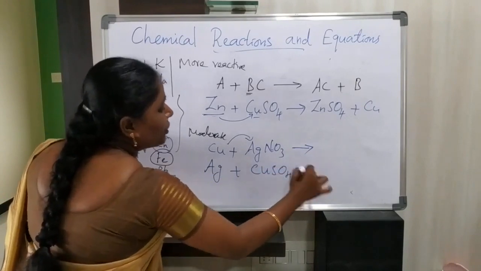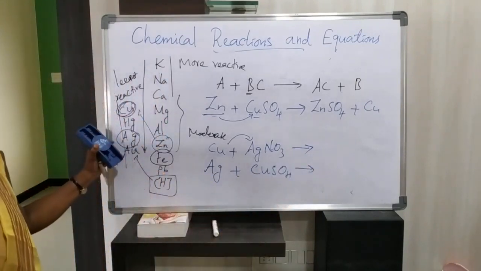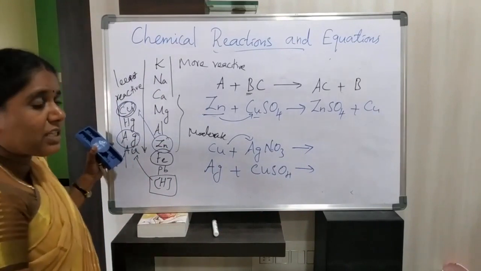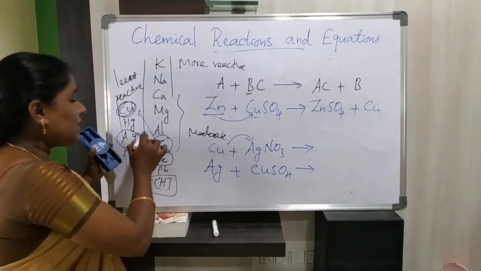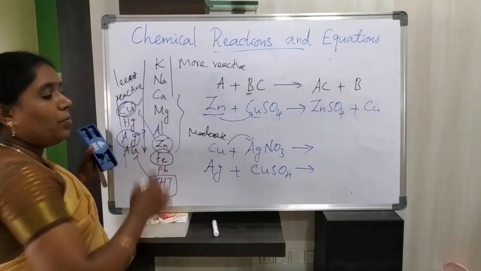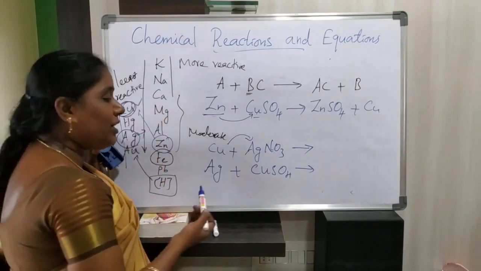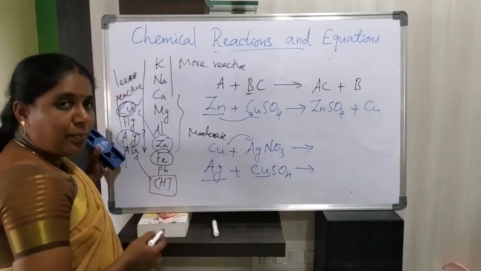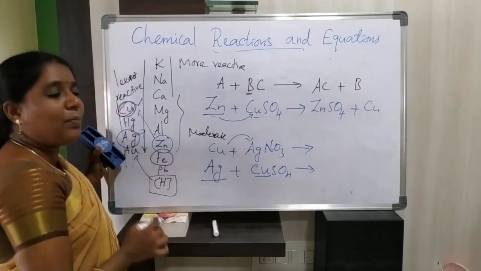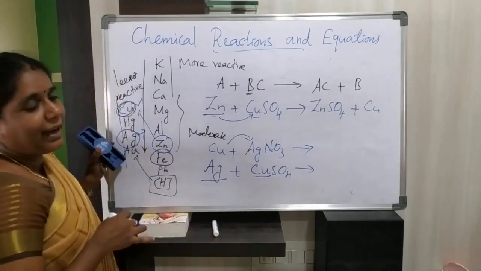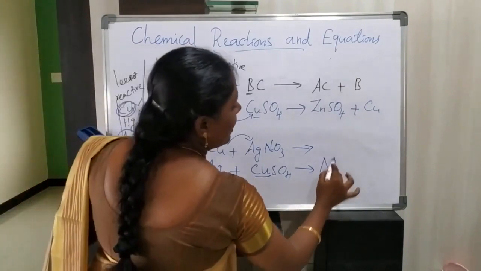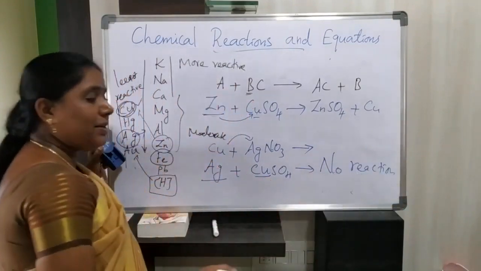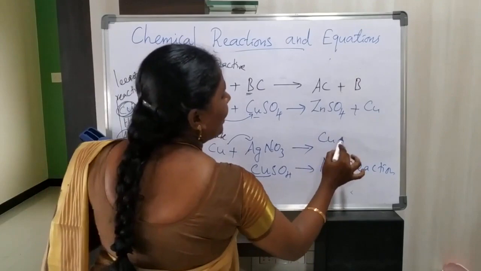Same like this, suppose, complete this equation: what happens when silver reacts with copper sulfate solution? What reaction takes place? Listen here, silver is least reactive, copper is more reactive. So what happens generally? The least reactive element cannot displace a more reactive element. So here no reaction takes place.